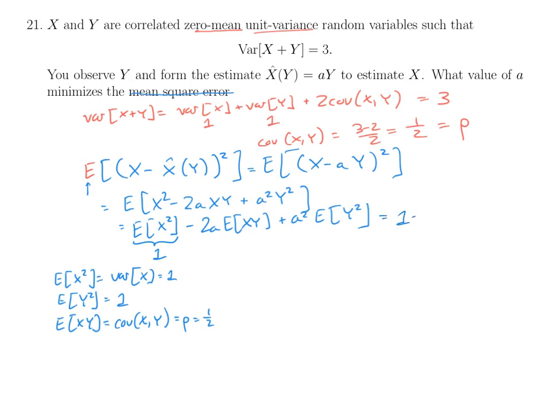And so now you're ready to plug some numbers in. So this is 1 minus 2a times a half, right? Plus a squared times 1. So this is equal to 1 minus a plus a squared. And so now you have to choose the value of a that minimizes this function. So if you just say, I have f of a, no, let's not call it f.